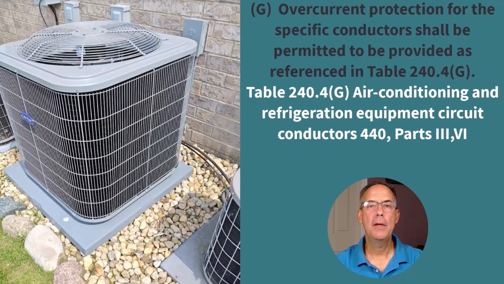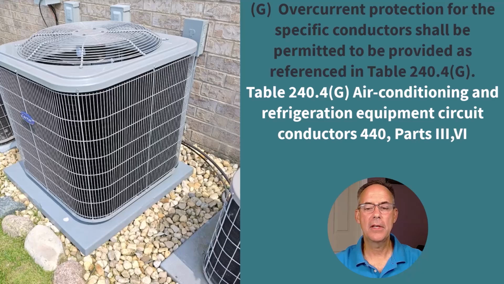And in 240.4(G), it tells us that air conditioning equipment and refrigeration equipment have to meet the requirements of 440 Part 3 and Part 4, which is where we started. And it tells us again about the manufacturer tag, that the tag has to be provided, and it has to give us that minimum circuit ampacity.